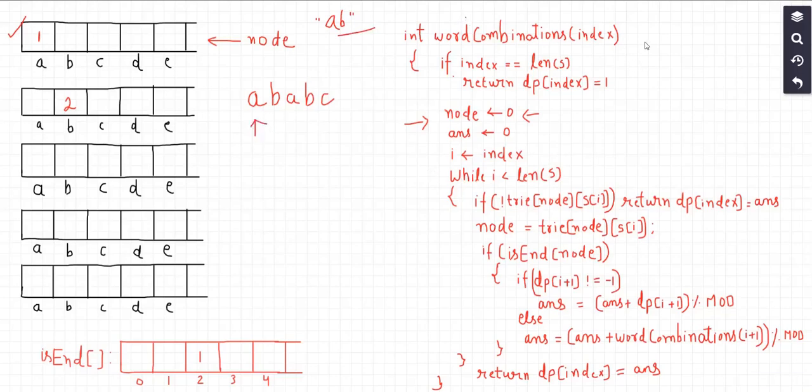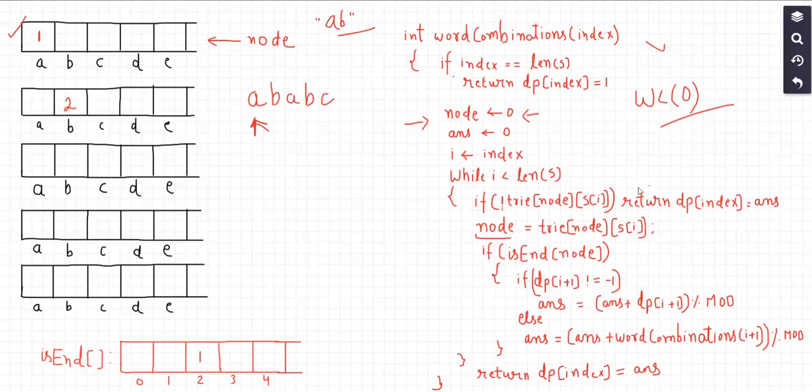Let's say I call the function word combinations at index 0. Okay, so I call this function at index 0, and the node is pointing to the first node of the trie. I check if the particular character of that node, namely the first character, is A, and the node is 0. If that character is not marked, that means this is not present in the trie.